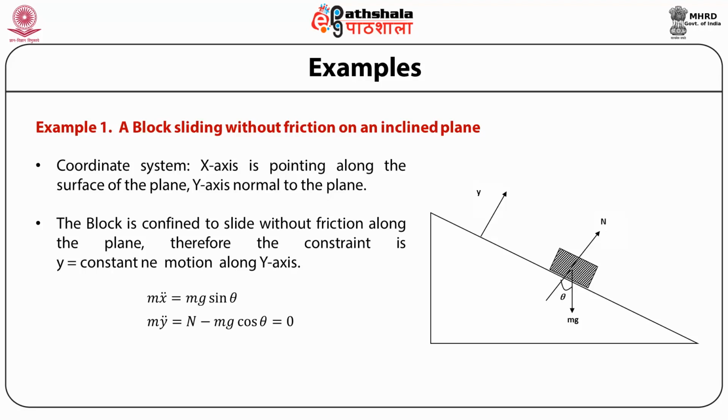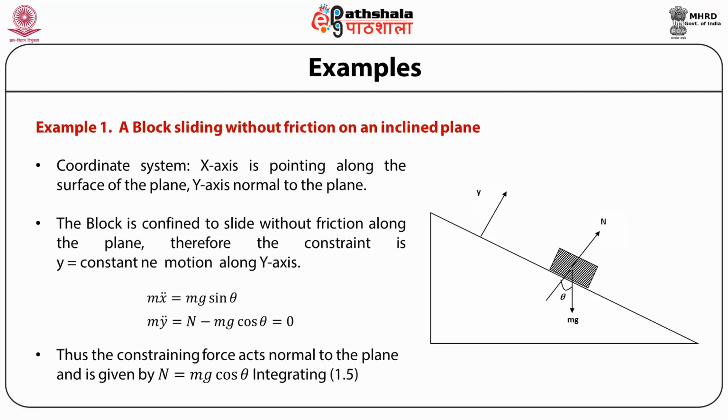So the equation of motion along the y direction is m y double dot is equal to N minus mg cos theta is equal to 0. And since there is no motion along the y direction, the constraint force must act normal to the plane, and its magnitude is given by N is equal to mg cos theta.